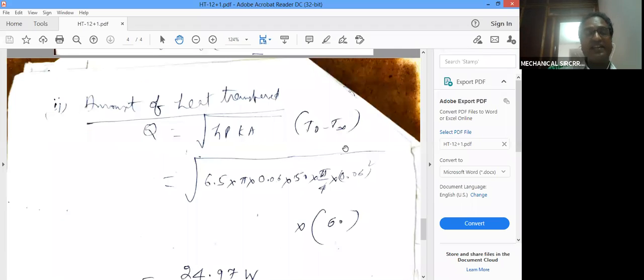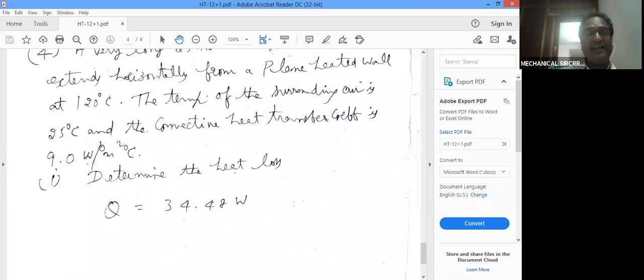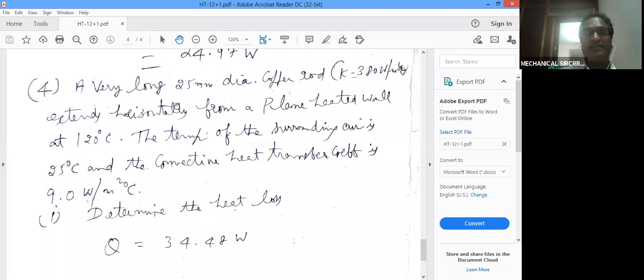H is given as 9, perimeter pi D, pi into 0.025, K value 380, circular area pi by 4 D square, pi by 4 into 0.025 whole square, all within the square root, into 120 minus 25. If you substitute in this equation, you will get heat transfer rate Q as 34.48 watts.